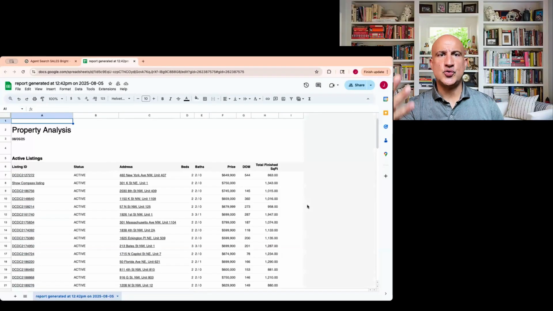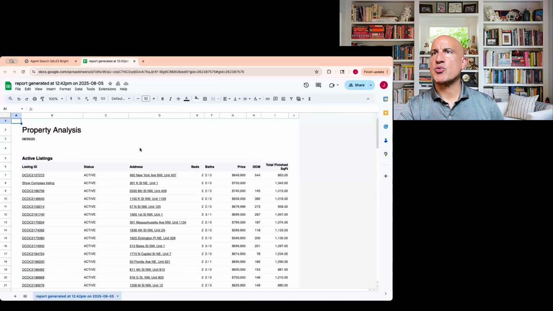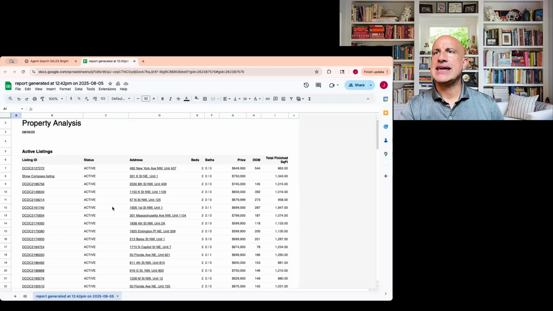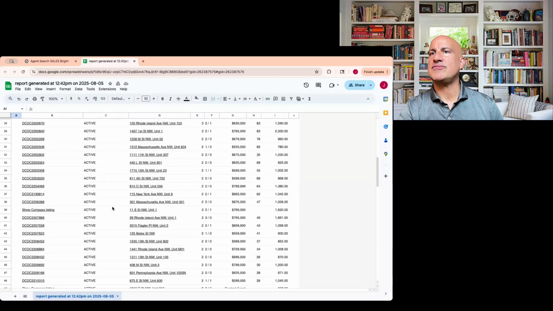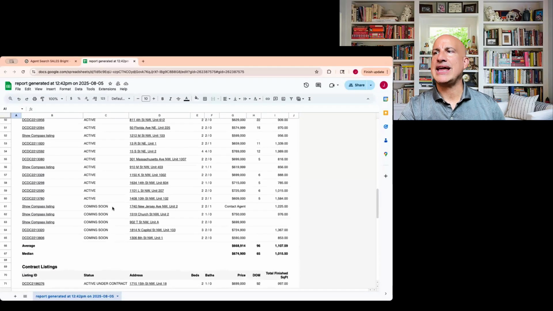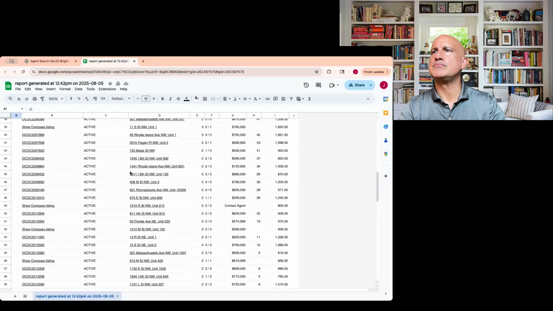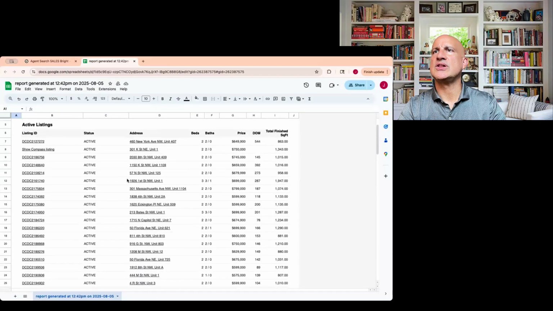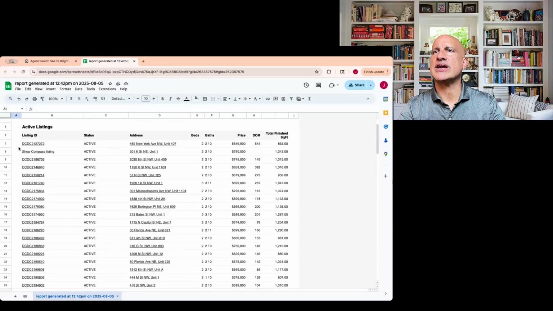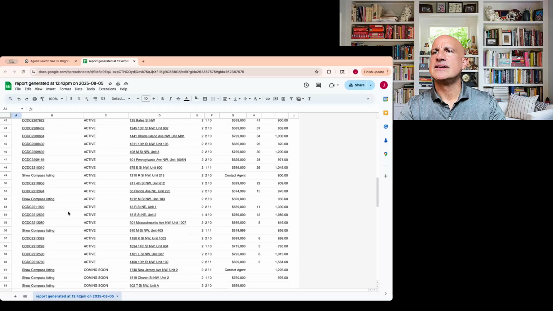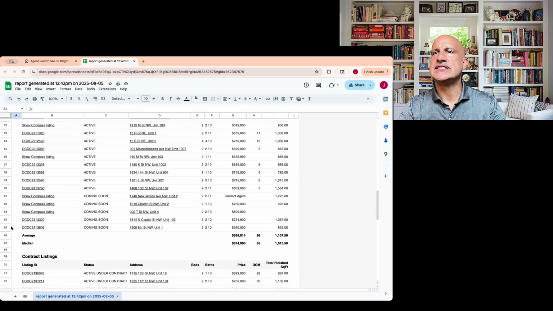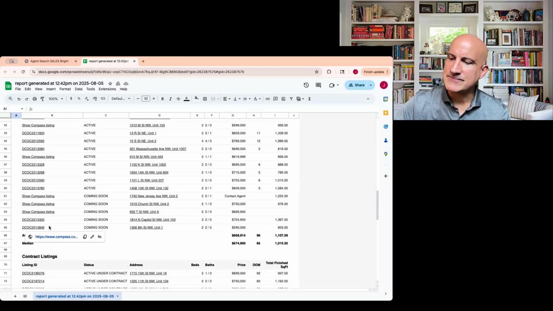The reason doing this spreadsheet is helpful is that you'll be able to calculate the number of properties a little easier, because I can look at the columns here, I guess 7 to 65. So that's 58. So there are 58 active listings.